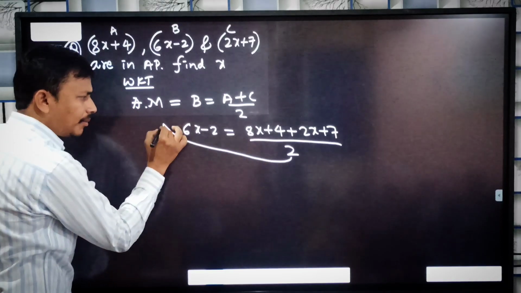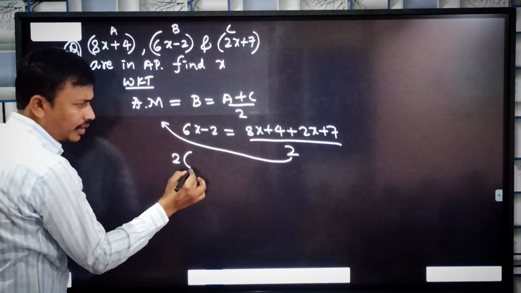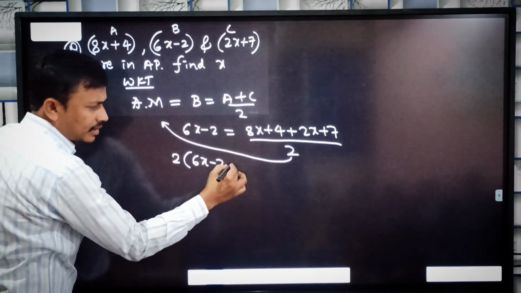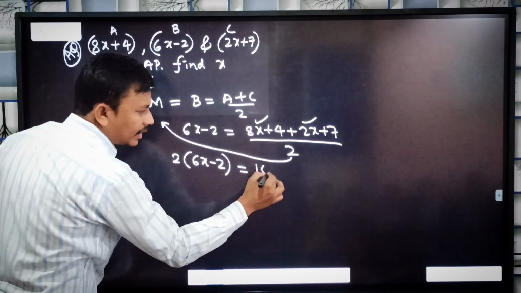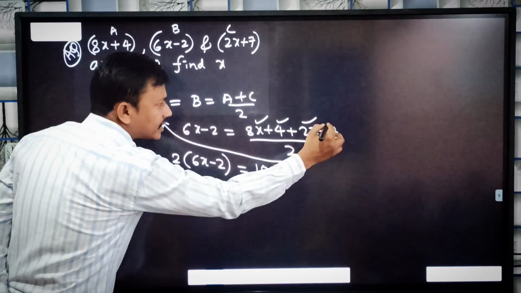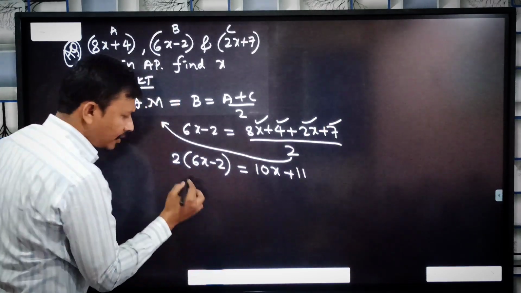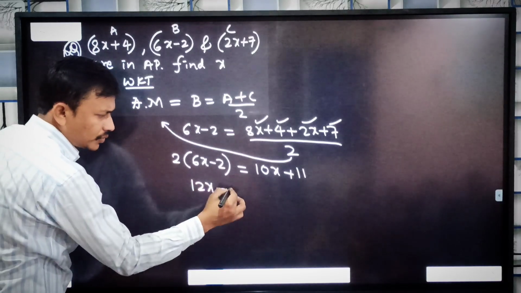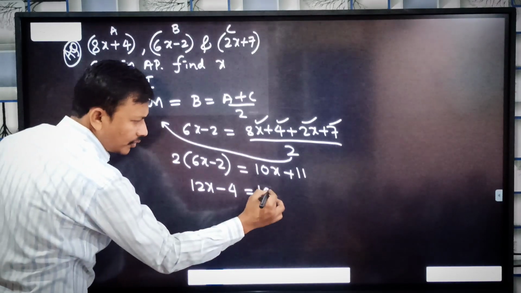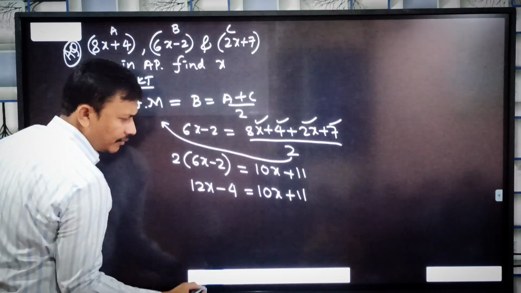Division by 2 will become multiplication. 2 in bracket 6x minus 2 is equal to 8x plus 2x, 10x, plus 4 plus 7, 11. 2 6s are 12x minus 2 2s are 4 is equal to 10x plus 11.